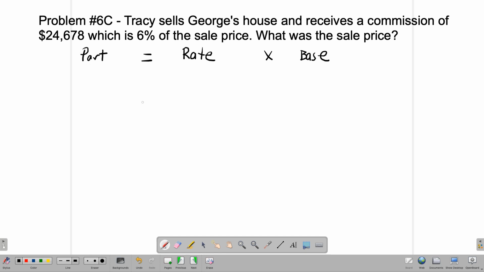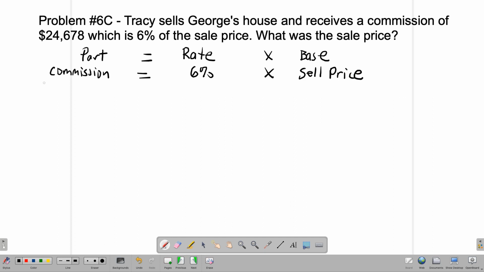In this case, the part represents the commission, and we have a rate of 6%. As you notice inside the problem above, the sales price is not listed, so we'll indicate that here. This is what we're going to solve for.